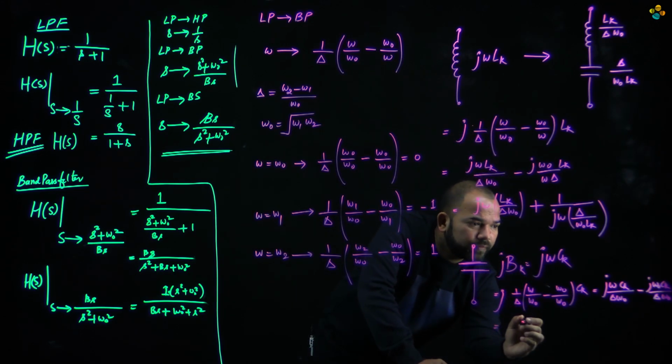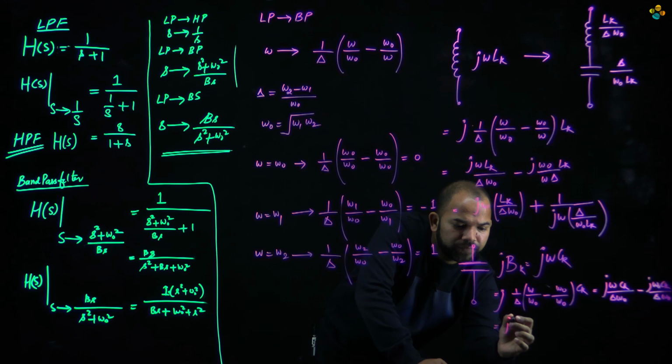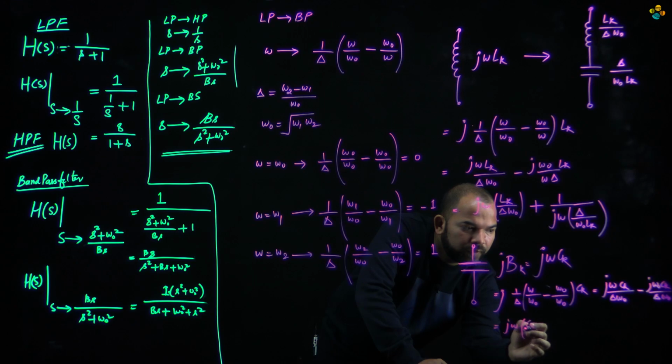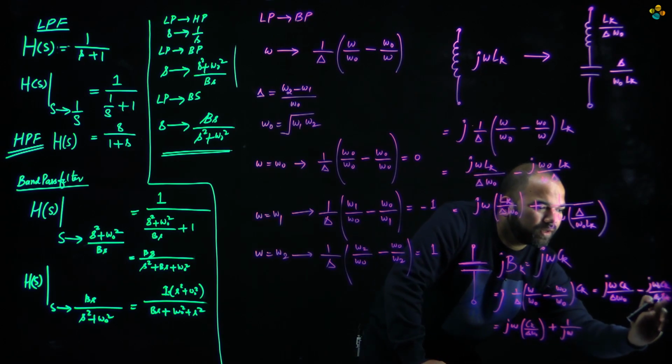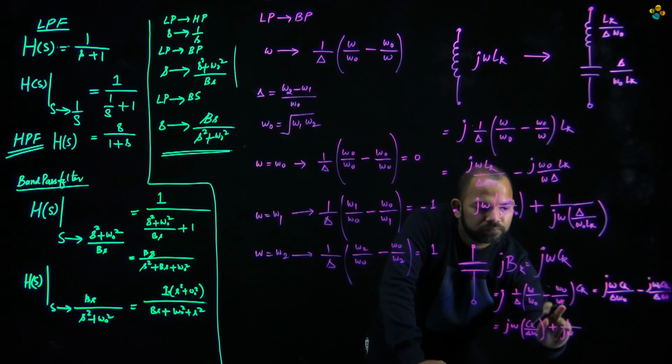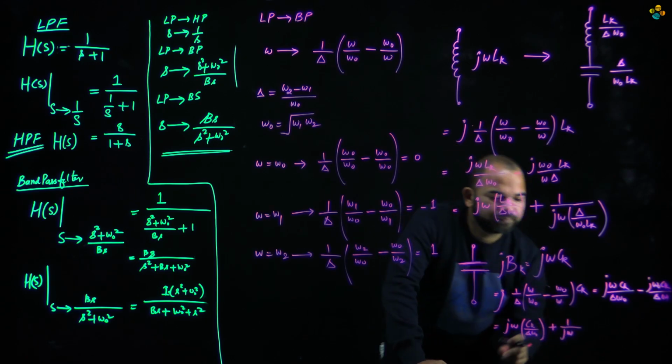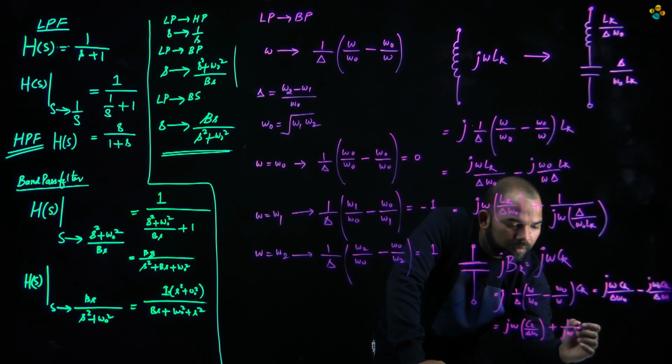If we solve this again in terms of j omega, this is Ck divided by del omega naught, plus 1 over j omega, and the equivalent value from this is del divided by omega naught Ck.